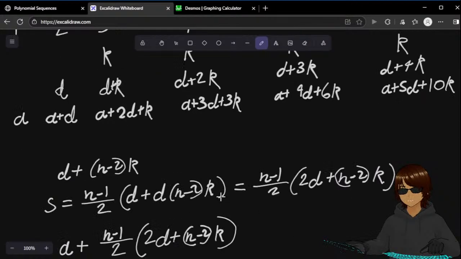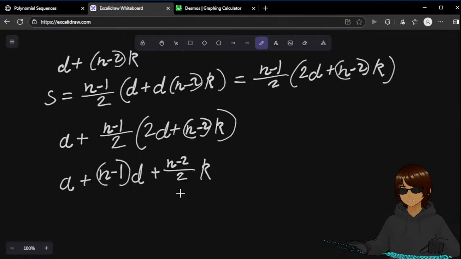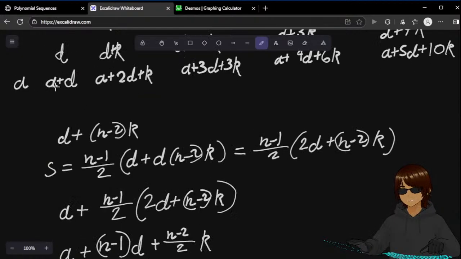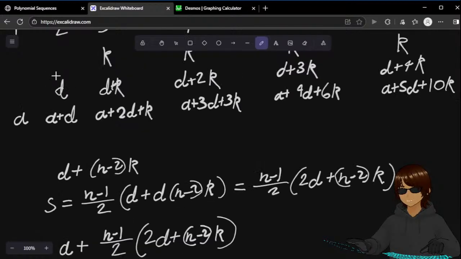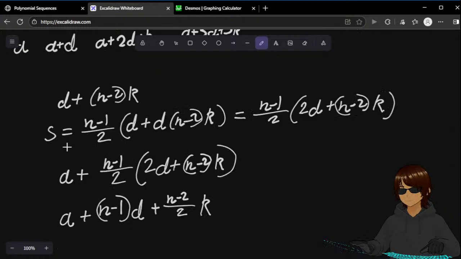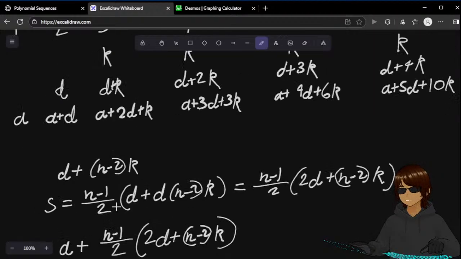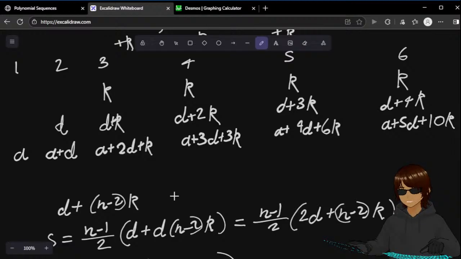Hope I'm right. But the thing is, what is d? D is the first difference, right? D is like this. This minus this gives d. D and k are both included in this equation. Can we write this equation without needing d or k?